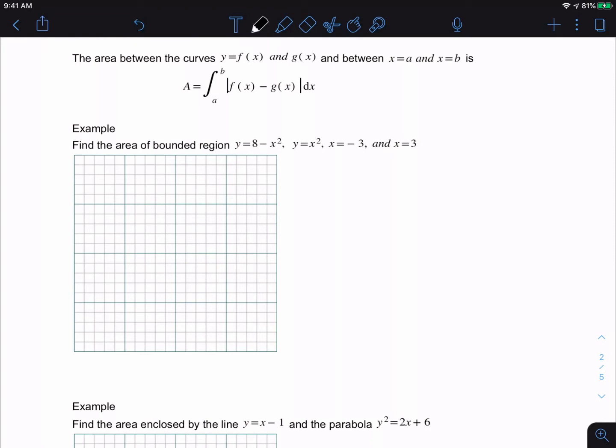Okay, so look at this. If this is the x-axis and this is the y-axis, I have four functions that I'm going to be using. Let me graph the first function: y is equal to 8 minus x squared.